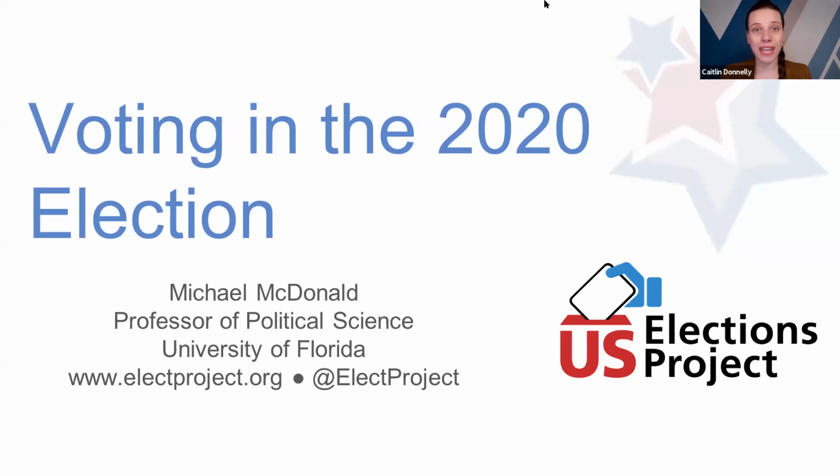If you were following election-related coverage before, during, or after the election this year, you probably saw him quoted in that coverage, and he has helped us with this America Goes to the Polls report through the U.S. Elections Project for many years now. So I am very pleased to introduce Michael.